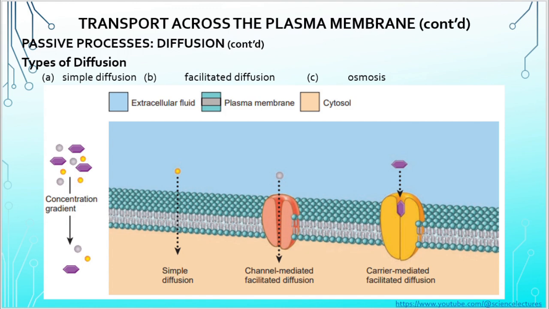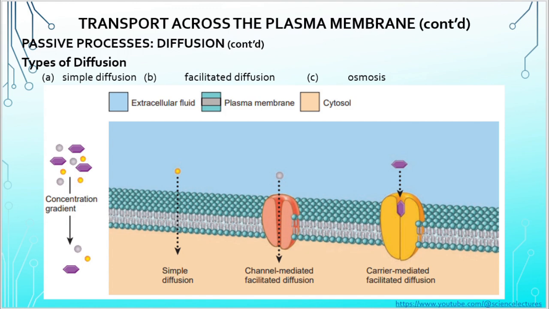Non-polar hydrophobic molecules move across the lipid bilayer through the process of simple diffusion. Such molecules, which cross the membrane by simple diffusion, include oxygen, carbon dioxide, and nitrogen gases, fatty acids, steroids, and the fat-soluble vitamins A, D, E, and K. Small uncharged polar molecules, such as water, urea, and small alcohols, also pass through the lipid bilayer in simple diffusion.